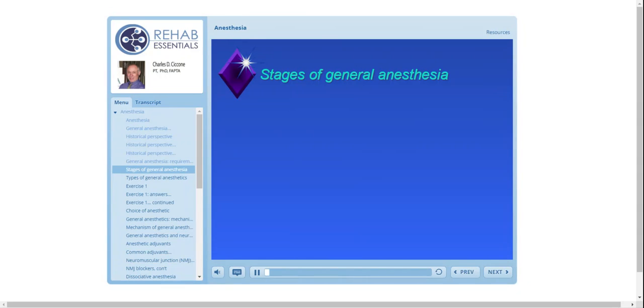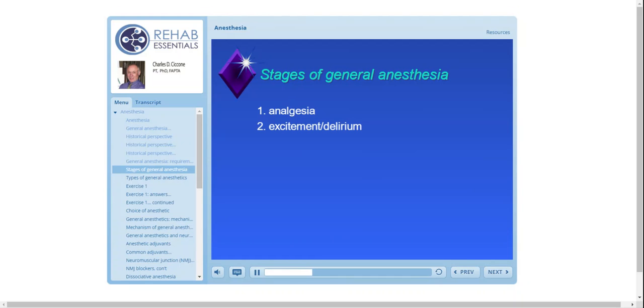When a patient is about to undergo anesthesia, they often go through these characteristic phases or stages of anesthesia, starting from fully conscious to the first stage, which is analgesia. They don't feel pain. As they become more anesthetized, they undergo excitement or delirium. This is not a good thing.